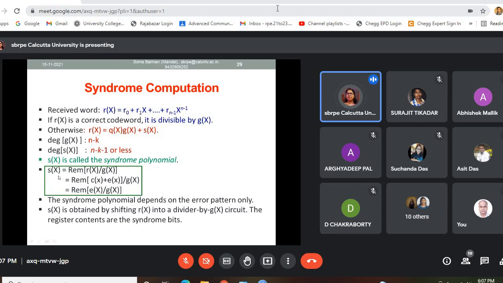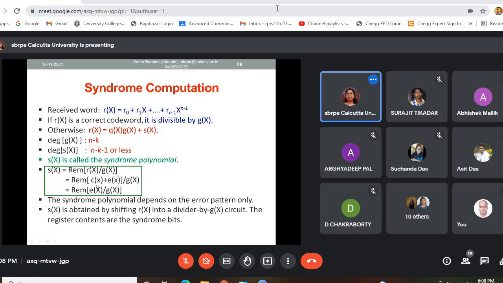Now how do you form the Sx? When you receive the Rx, you divide the Rx by Gx. So dividing Rx by Gx, what is the remainder? Rx means Cx plus error. If error is 0, then Cx by Gx, and as Cx is a multiple of Gx, Gx will cancel out and there is no remainder.